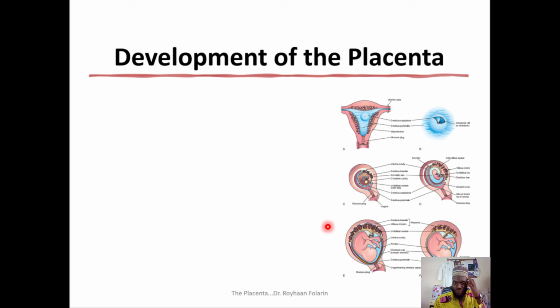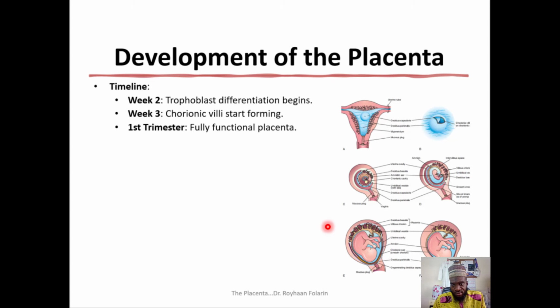So by way of capping this up, we understand that development of the placenta is a complex yet well orchestrated process, which starts with differentiation of the trophoblast layers, and that's why I brought that background about the trophoblast. It gradually then evolves into a highly specialized organ that is capable of sustaining fetal growth.